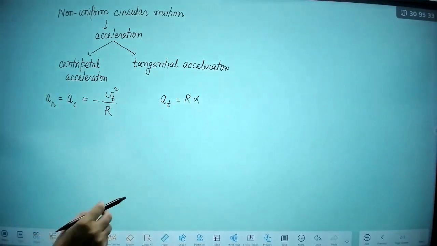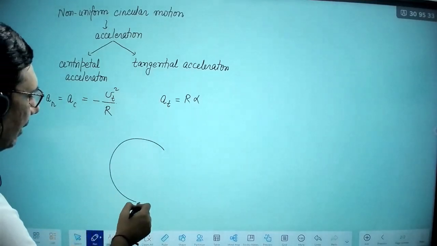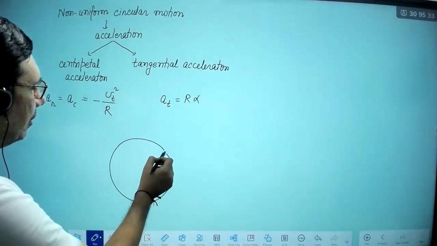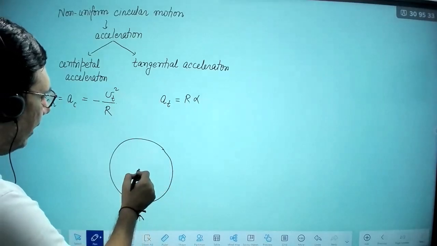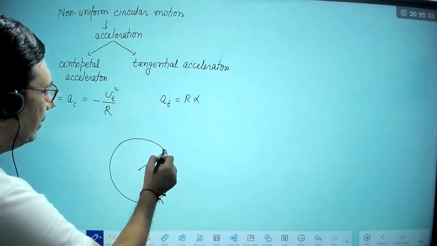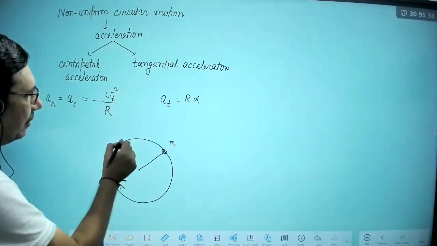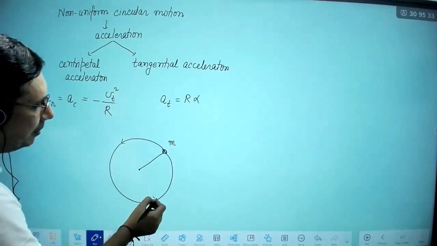So two types of accelerations are acting here. If this type of vertical circular motion is there, then at any position of this particle, its mass is m, undergoing vertical circular motion.